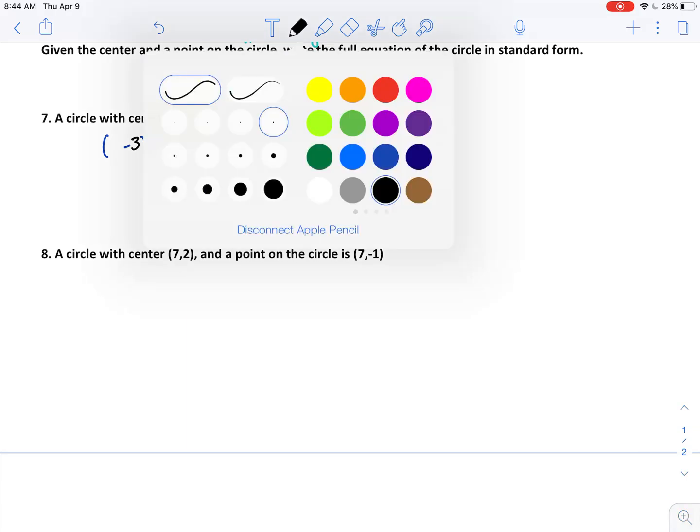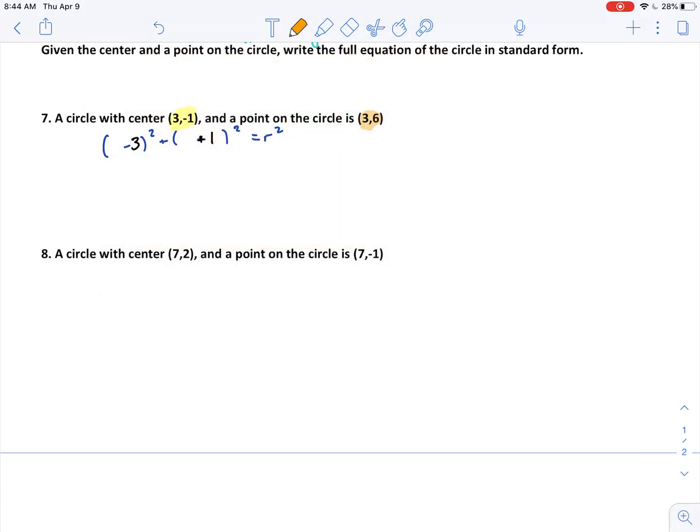The only new thing here is our point is going to go in for x and y. So this is going to become 3 because it's x, and y becomes 6.